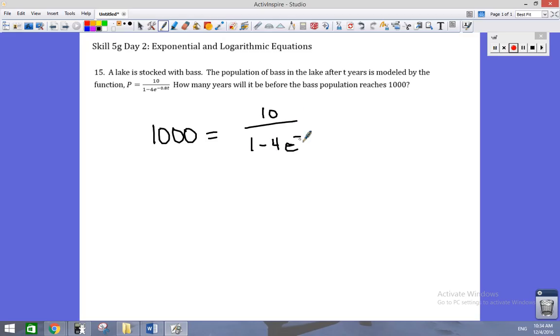And we've seen equations like this before in the previous problems. The term of interest is down here in the denominator, so we've got a ways to go to get that term by itself. So I would set it up as 1,000 over 1, as a proportion.